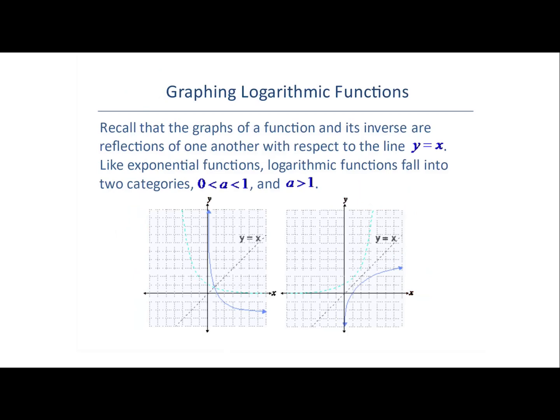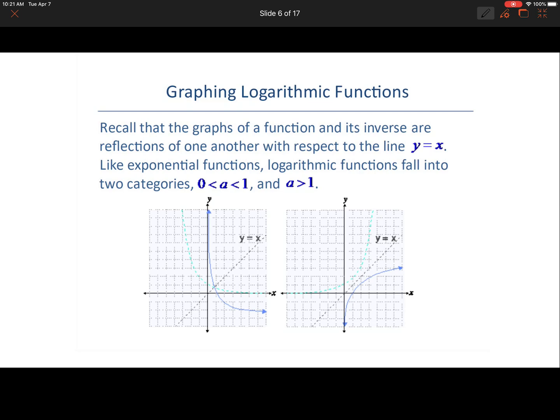Okay, and so that's how you would do it, maybe a slightly different way, but it would definitely work for you. Moving on to the graphs of logarithms, we have to remember a little bit about exponentials. When we talked exponentials, remember exponentials would look a little bit like this.